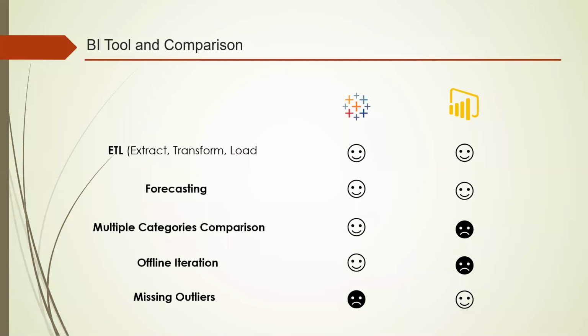Now we can compare the Power BI tool with Tableau and see what we can gain from using Power BI service or Power BI desktop. We have done this comparison on the basis of ETL, forecasting, multiple category comparison, offline iterations, and missing outliers.